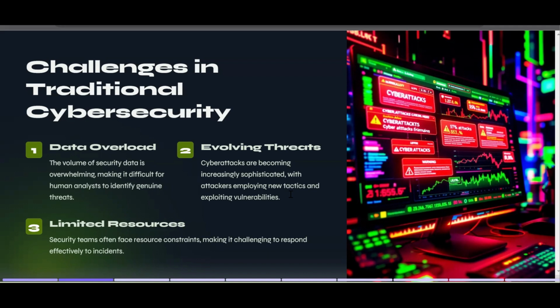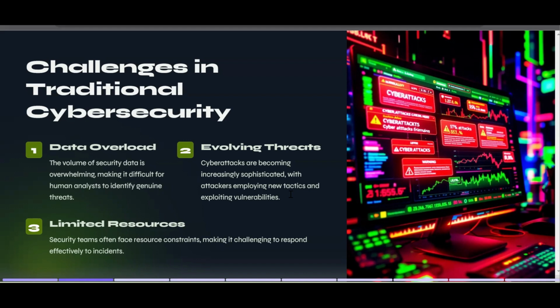The third challenge within traditional cybersecurity is the limited resources we have. Security teams often face resource constraints, which makes it challenging to respond effectively to incidents.